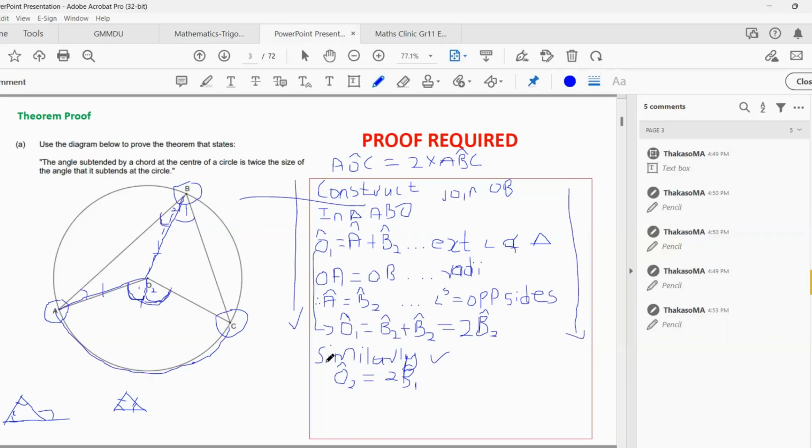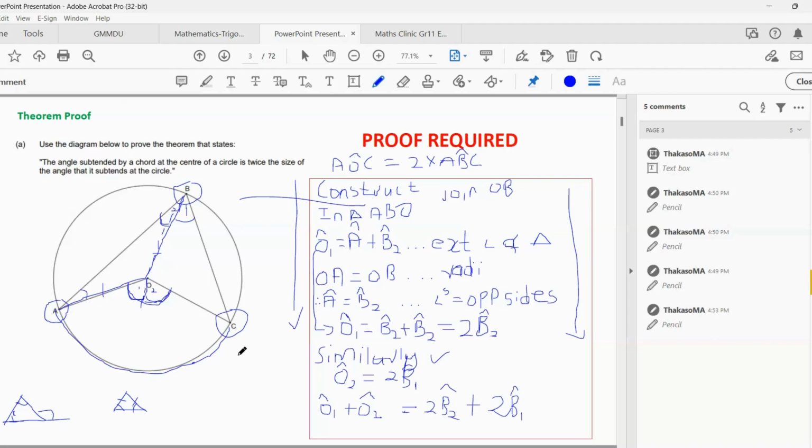So let's add these two together. Let's add O1 plus O2. Angle O1 plus angle O2 will then be equal to, for O1, we said it's 2 times angle B2, and then we said O2 is 2 times angle B1.